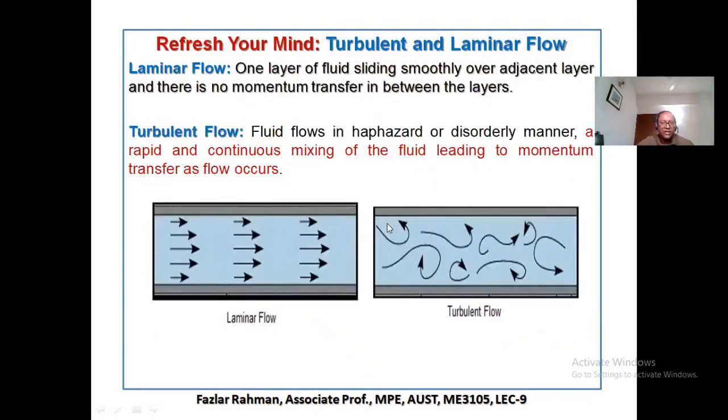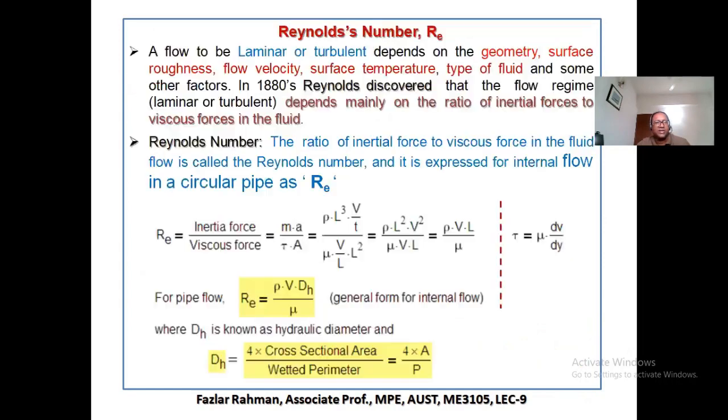By mistake or whatever, I put the definition of turbulent flow again. Now, you see that we need to figure out when flow becomes turbulent and when flow becomes laminar. I already told you that it depends on the Reynolds number. Then you need to know how we figure out the Reynolds number, and you need to know the range.